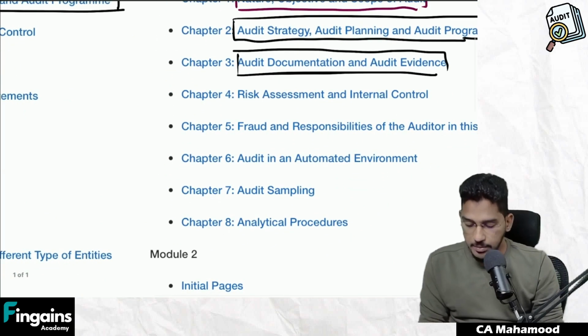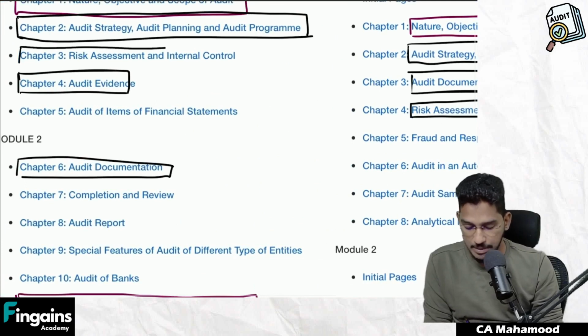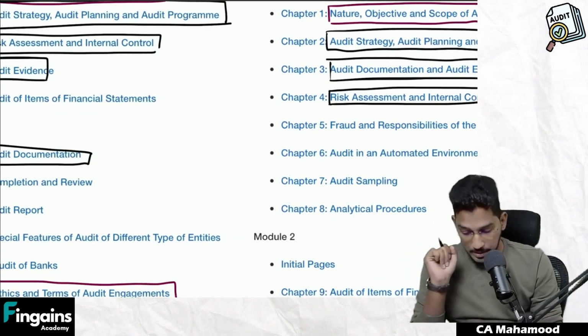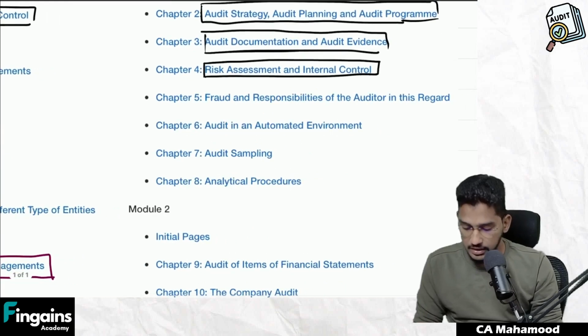Then talking about risk assessment and internal control, this topic remains the same. There is no significant change when it comes to risk assessment and internal control. But the interesting thing here is, under the old scheme, we used to have a chapter called audit in an automated environment.